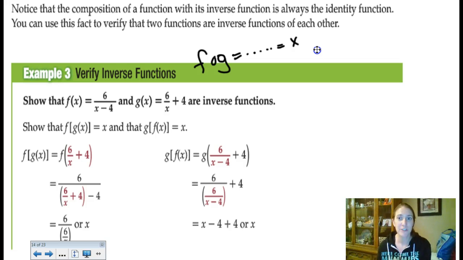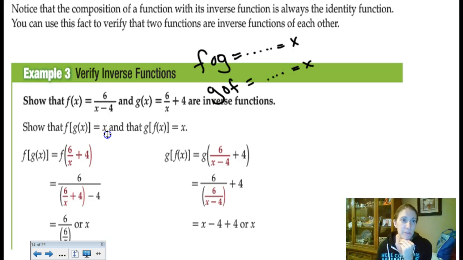Basically, all the operations undid each other. But you can't stop there. You have to check the other direction as well. g of f, do a whole bunch of work, and it's going to come out to equal x. If they are inverses, this has to happen. It's one of the major properties of inverses. It's the whole point of inverses, in fact.